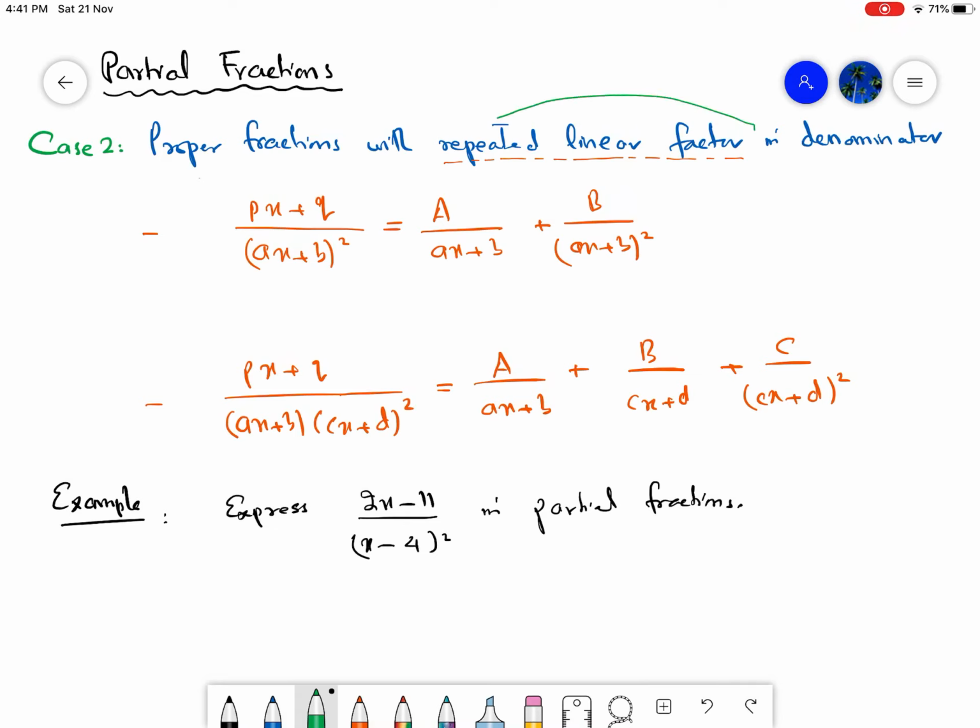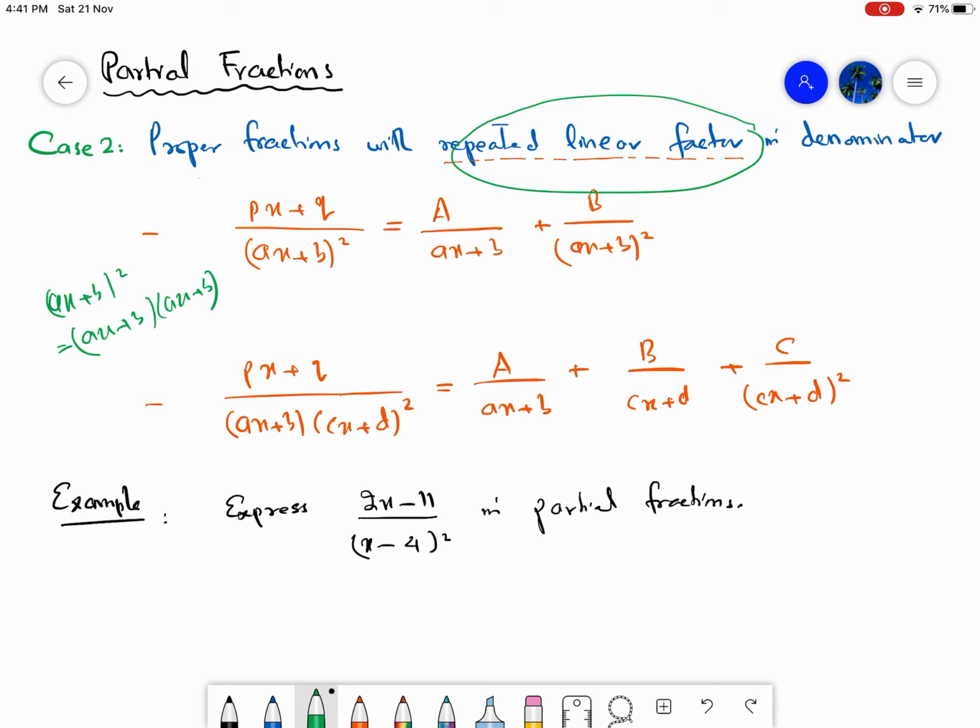So now in the denominator, we have a repeated factor, for example, (px + q) divided by (ax + b) whole square. Now, (ax + b) whole square clearly means it is (ax + b) into (ax + b). So there are two factors, but both the factors are linear and both are the same.